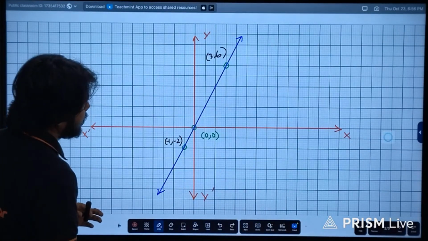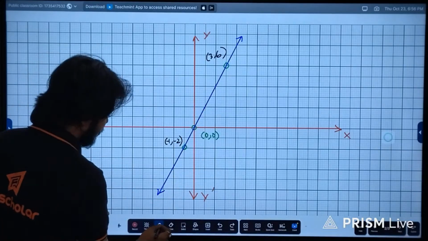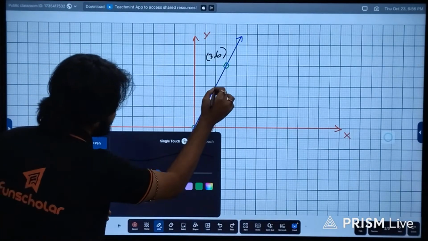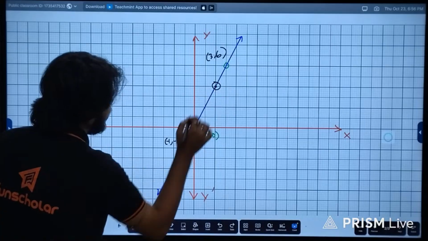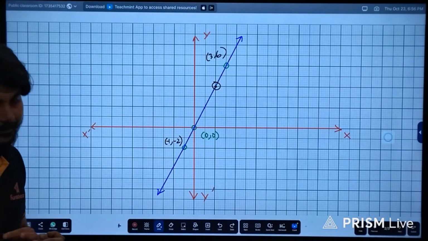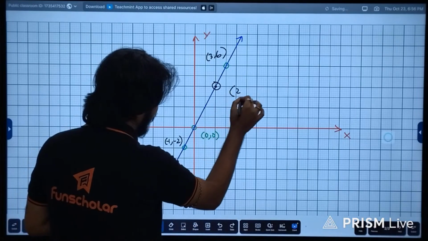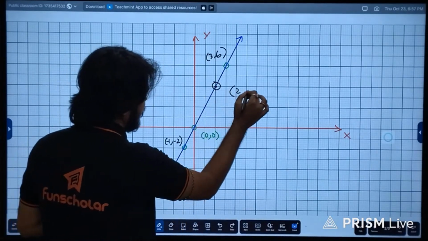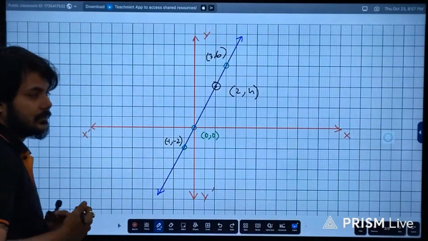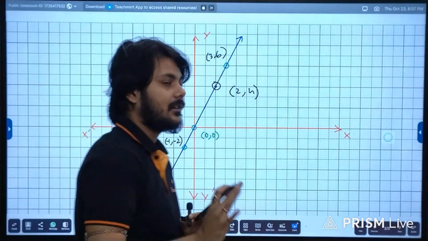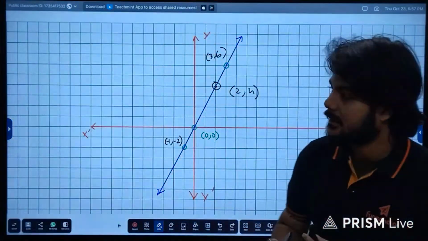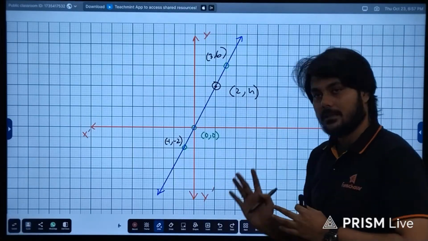Now, can you tell me the coordinate of this point? It will be 1, 2, comma 1, 2, 3, 4, so 2 comma 4. Am I right or wrong? You will say that, yes, sir, you are right. This point is 2 comma 4.